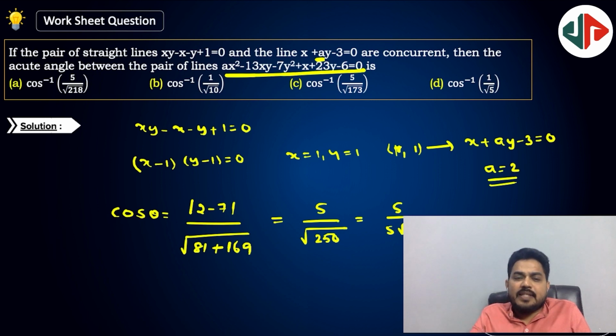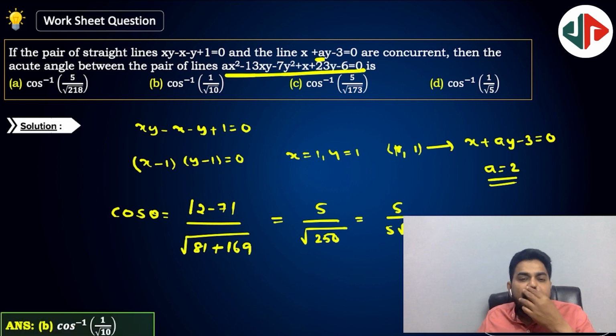So what is the answer? The answer is cos inverse of 1 by root 10.